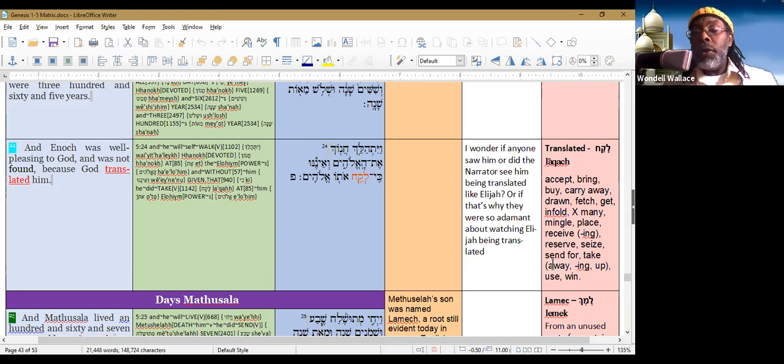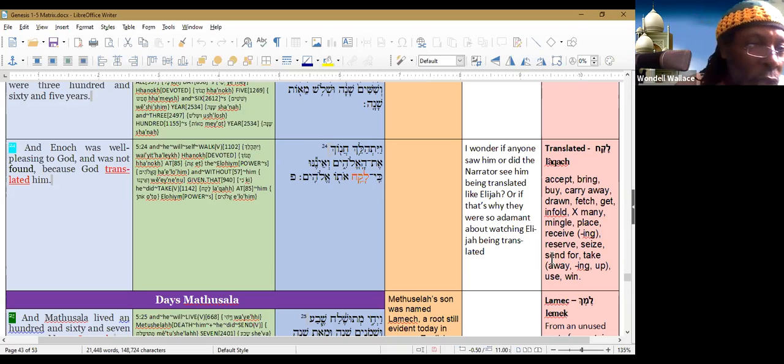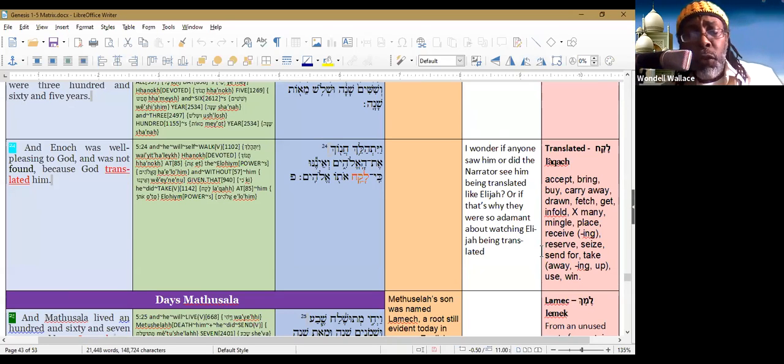So all this is the word lakach, which is translated as the word translated here in verse 24. So that is the Hebrew word for the word translated, which means all these different things. That is there to give you more insight as to what that word actually means. And if you used it correctly, bravo.